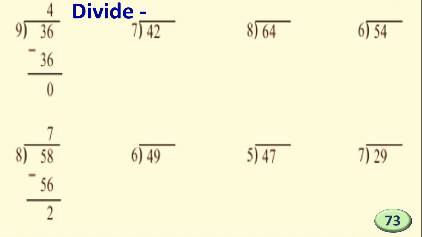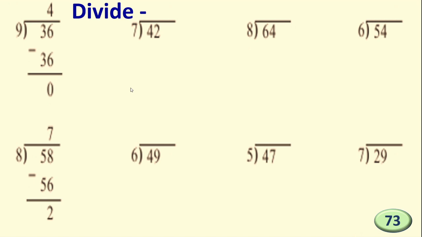Yes, dear children, this is a page from your textbook, that is page number 73. Okay, now here you can see 8 sums. Please try to solve these 8 sums. Two are solved, so you have to solve only 6 sums.